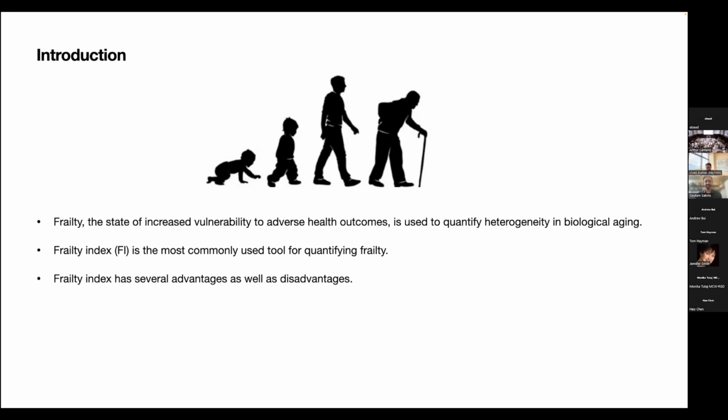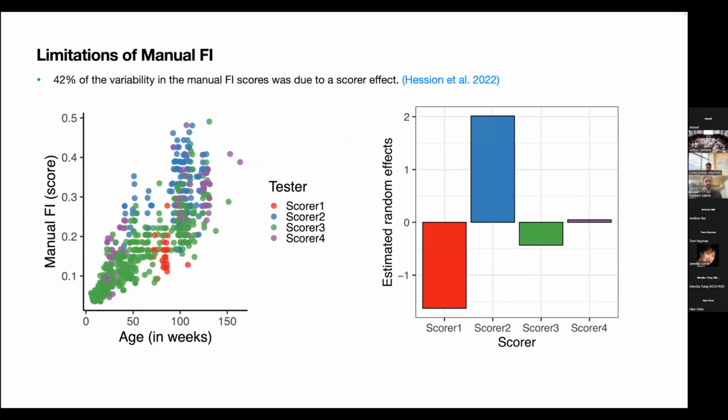So frailty scoring is labor intensive and it is challenging. There is also scorer-based variability and poor inter-scorer reproducibility. For instance, we conducted a study with black 6 mice, where each mouse was scored by 4 different trained experts, and they assigned a manual frailty score. Here, the manual frailty score has been normalized, so it lies between 0 and 0.5, or more generally between 0 and 1.